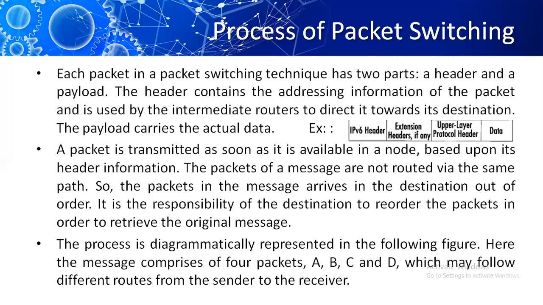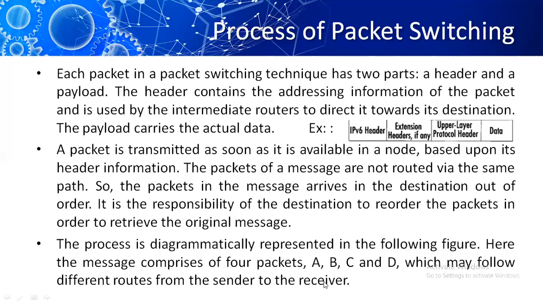The traveling path may be different for each packet, but they should be rearranged in the original transmitted order, so that we can retrieve the original message of the transmitter. This is done at the receiver side.